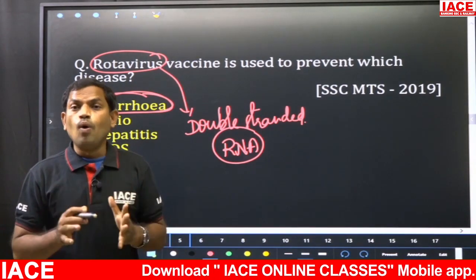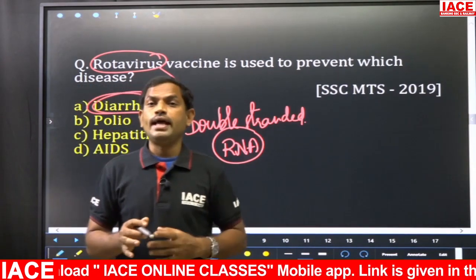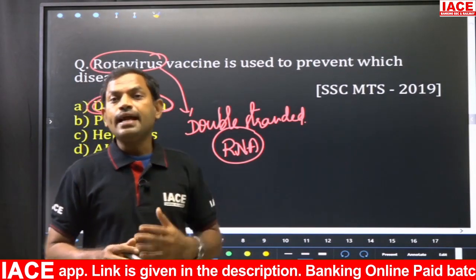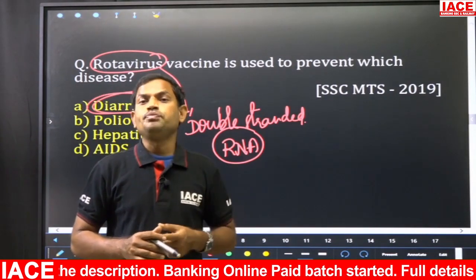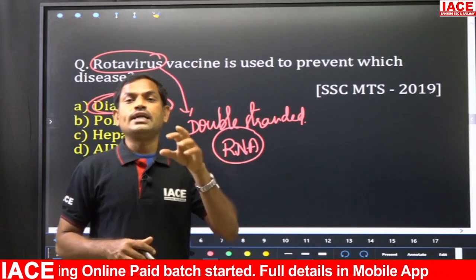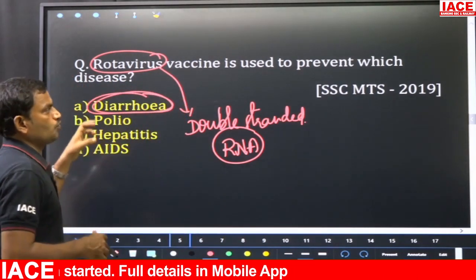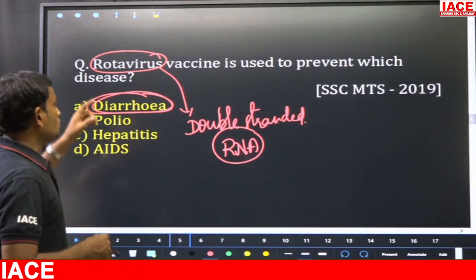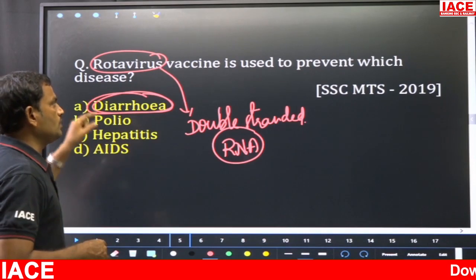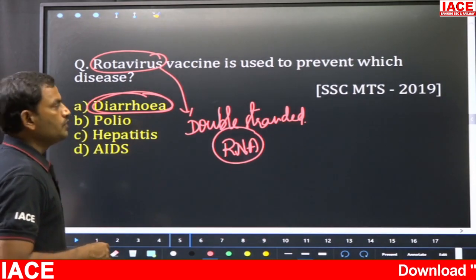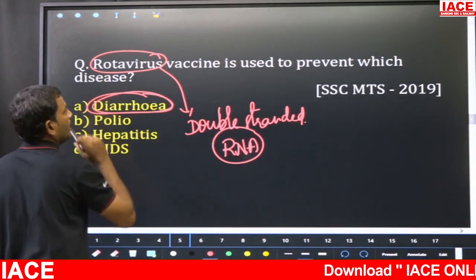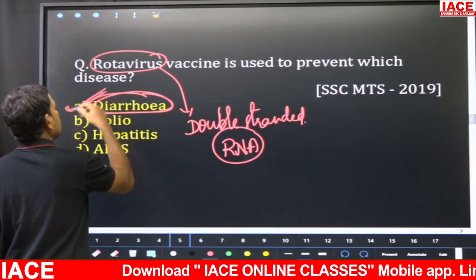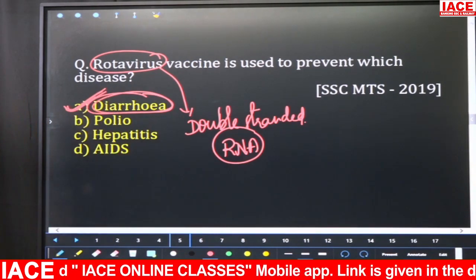To avoid that, the WHO, World Health Organization, made an inactivated, heat-killed or weakened vaccine which can be given orally. That is what we call the rotavirus vaccine, made against this double-stranded RNA virus to reduce its load, and it works effectively against diarrhea.